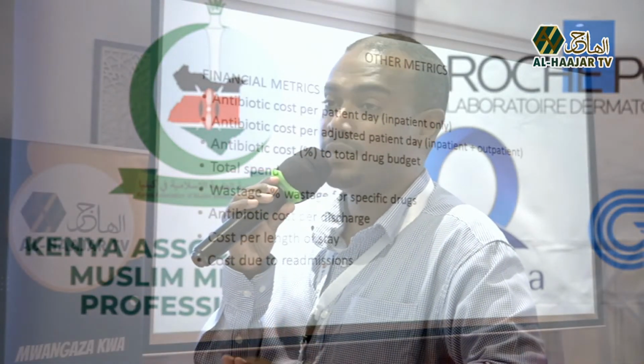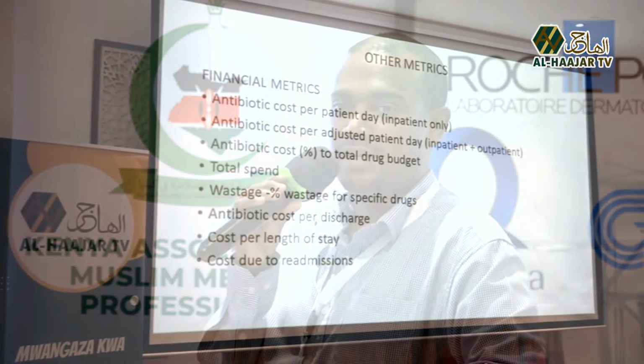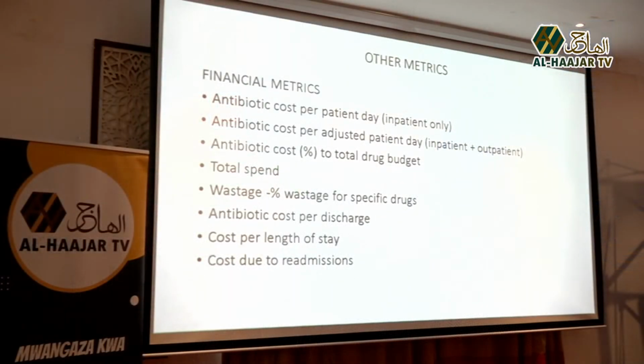We also have other metrics, and examples are financial metrics, and here you are comparing costs. This is what the hospital administration is mostly interested in, and they'll be looking at antibiotic costs per patient per day, how much a patient is consuming. For example, how many patients are on meropenem in a day? How many doses are you giving?